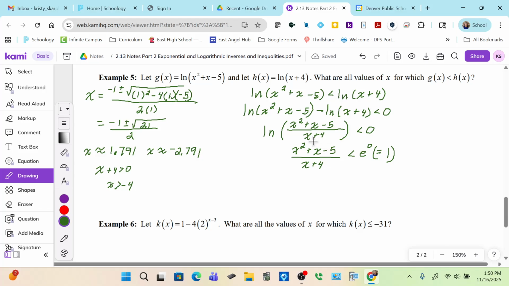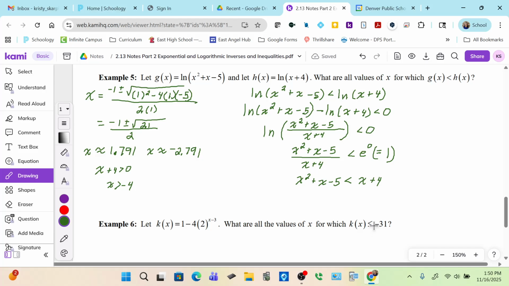So now, in order to continue solving my inequality, I'm going to multiply both sides by x plus 4. That's going to leave me x squared plus x minus 5 is less than x plus 4 times 1, which is x plus 4.